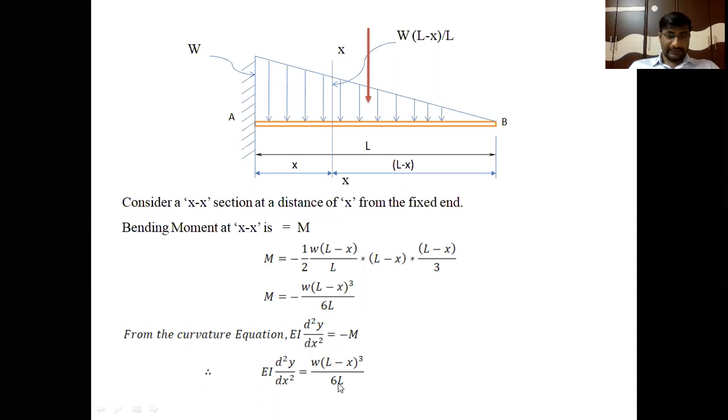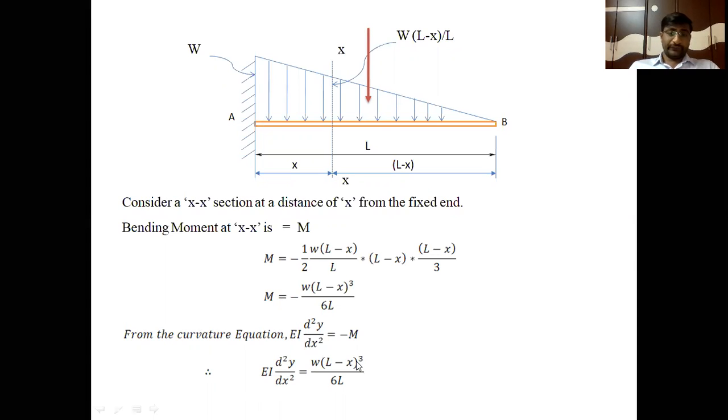So W by 6L, that is in the A minus B whole cube form. What is the formula for A minus B whole cube? L cube minus X cube minus 3L squared X plus 3LX squared. A minus B whole cube is equal to A cube minus B cube minus 3A square B plus 3AB square.